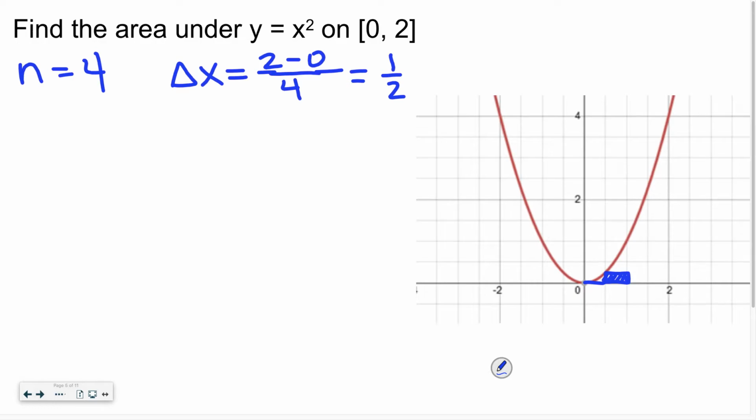From 1 to 1.5, we're going to make the rectangle where the left endpoint hits the curve. And then from 1.5 to 2, we draw our rectangle so that our left endpoint hits the curve.